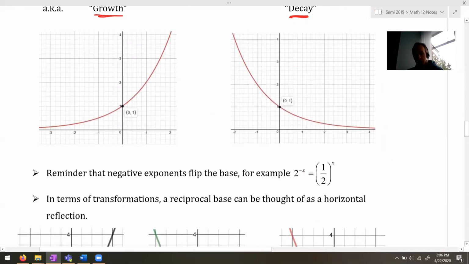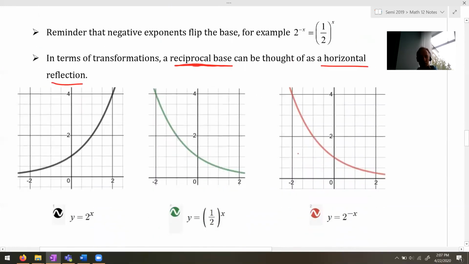Little reminder for you, negative exponents are going to be important here, especially as we're talking about transformations. So 2 to the power of negative x is the same thing as 1/2 to the power of positive x. So when we're thinking in terms of transformations, a reciprocal base can be thought of as a horizontal reflection. So here's just a little comparison for you.